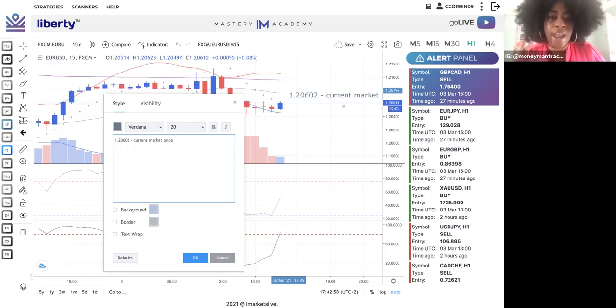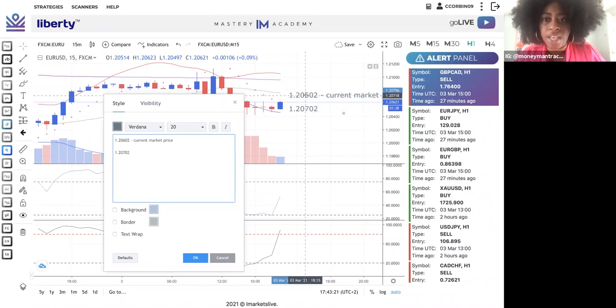Now, if we wanted to go in for a buy and we assumed, based on the confirmations, that the market is going to go up 10 pips, our TP for a buy would be 1.20702, right? Because we're completely ignoring the last digit and we're only counting this.